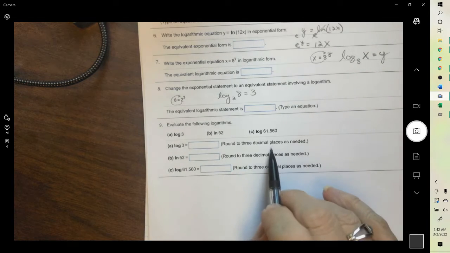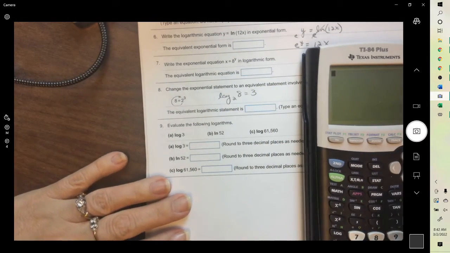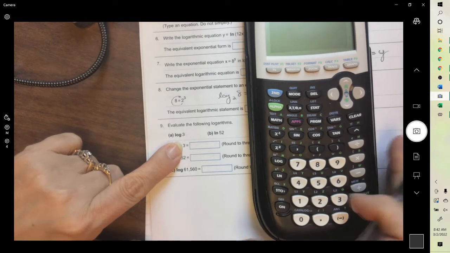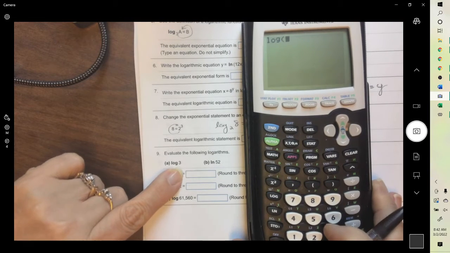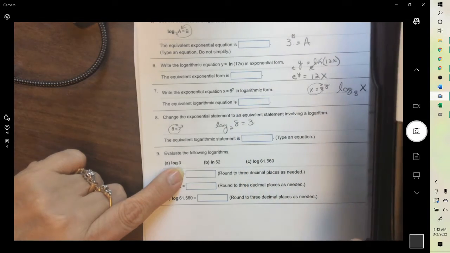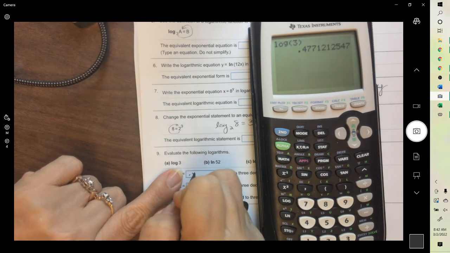These ones I just want you to evaluate with a calculator. When there's no base, it's a base 10, and base 10 is what your calculator uses. So you would click on log 3. Round 3 decimal places. 0.477.